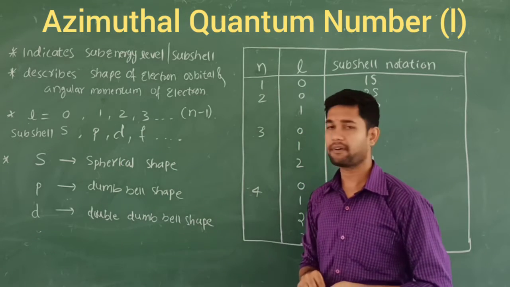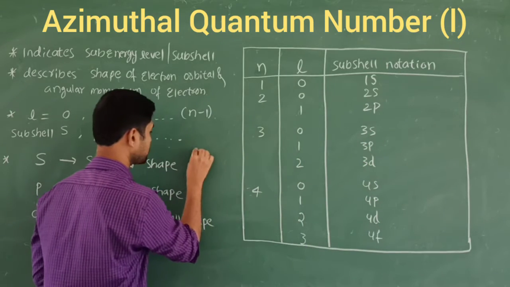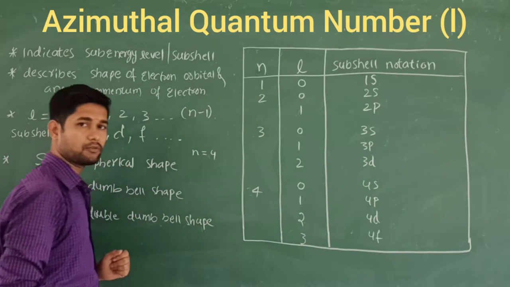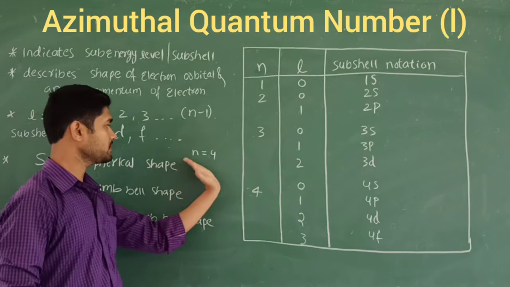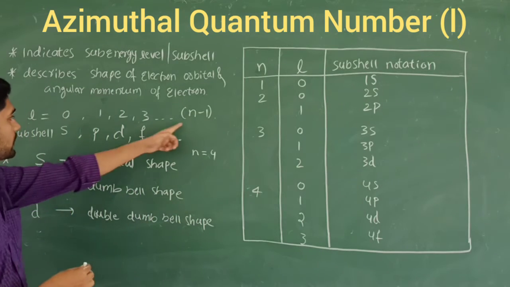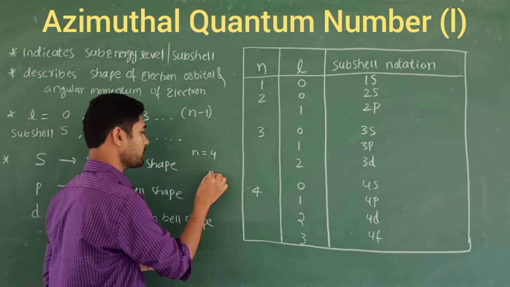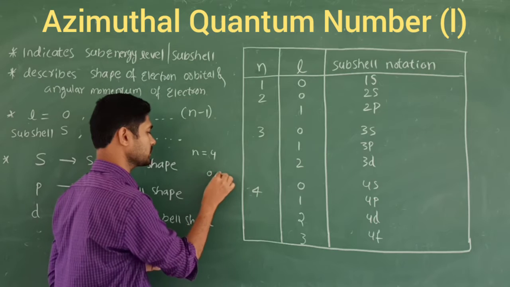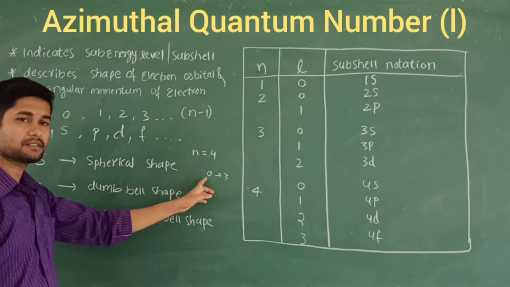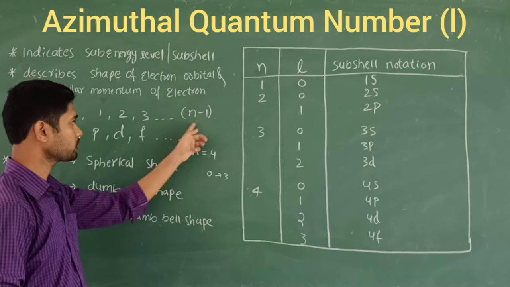If I take the principal quantum number n equal to 4, what will be the subshells for this main shell? l goes from 0 up to n minus 1, and 4 minus 1 is 3.